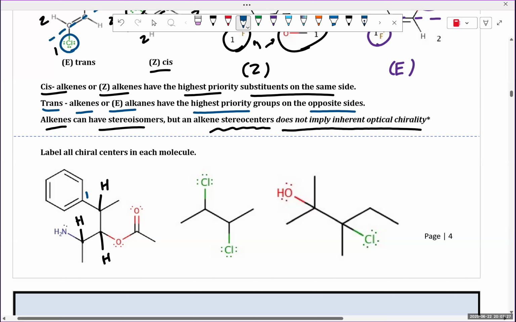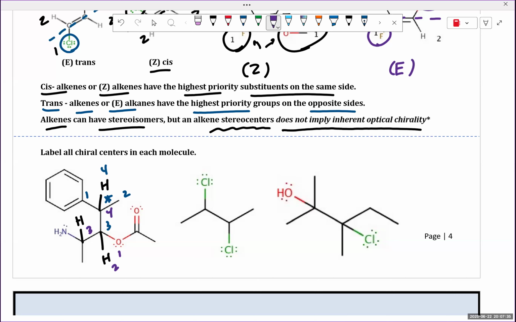As you can see, we have 4 unique substituents on this first carbon. We have 4 unique substituents on this second carbon, and 4 unique substituents on this third carbon. This gives us 1, 2, 3 chiral centers.